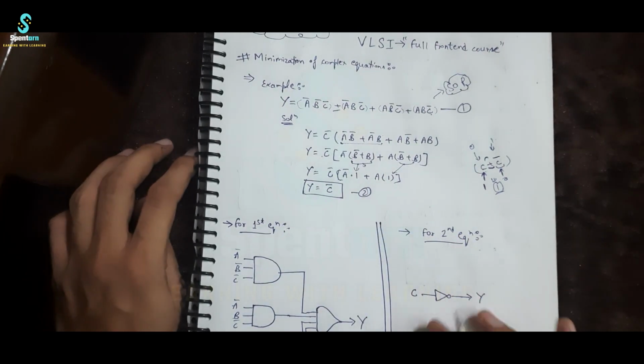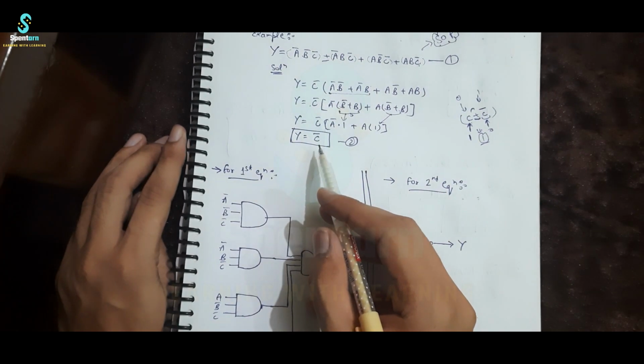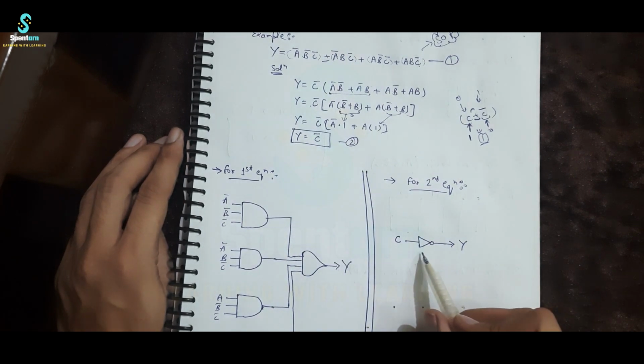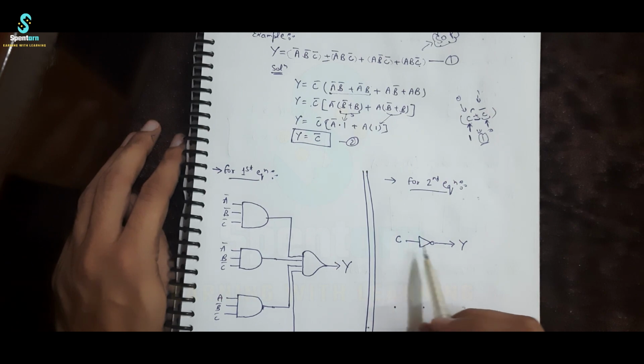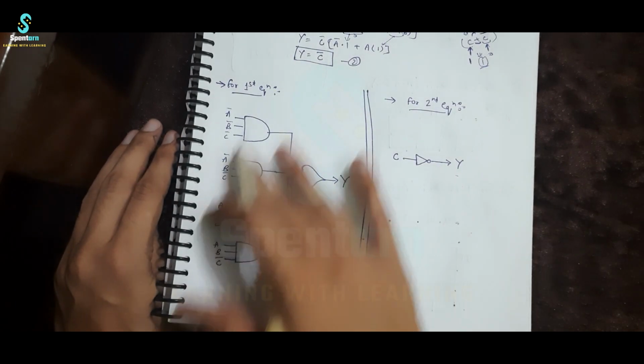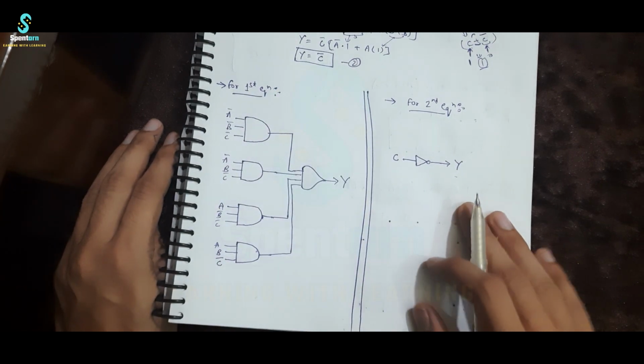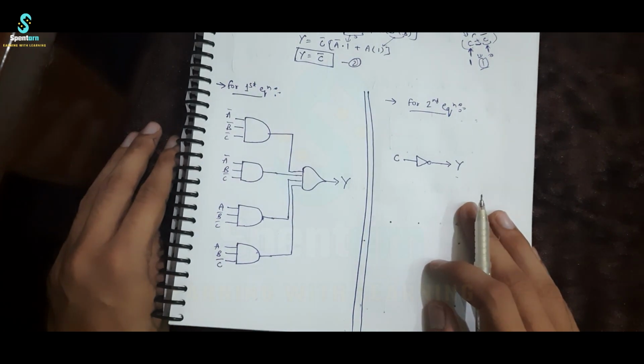But when I have minimized it, I will just get the value y equals C bar, which means only one gate is needed, which is the NOT gate, right? So I will be getting y equals C bar directly. So I can minimize this whole expression into a simpler one. So this is the necessity of using minimization.